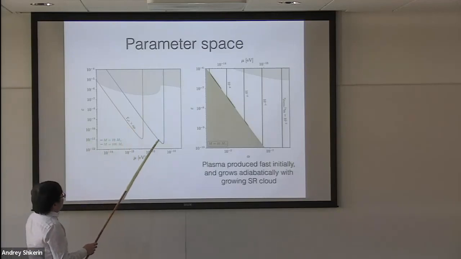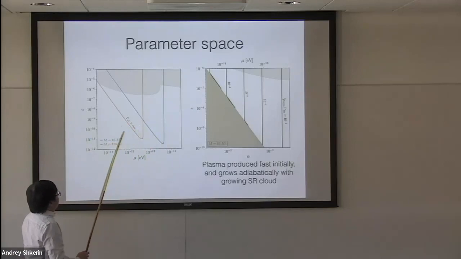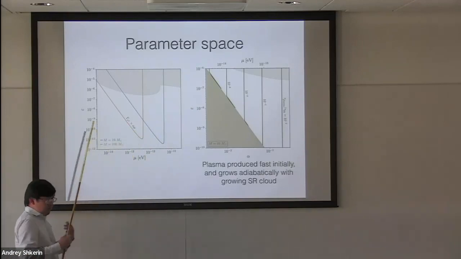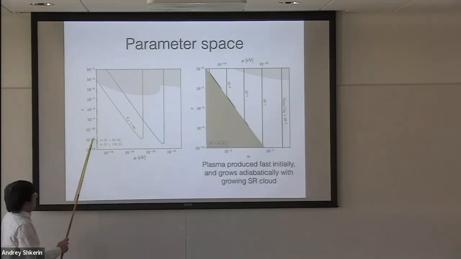So anywhere above the blue line for a 10 solar mass black hole, or the orange line for a 100 solar mass black hole, these charged particles will efficiently produce and quickly populate this cloud with a lot of charged particles. And this is where this limit of 10^-11 comes from that I was showing you earlier.